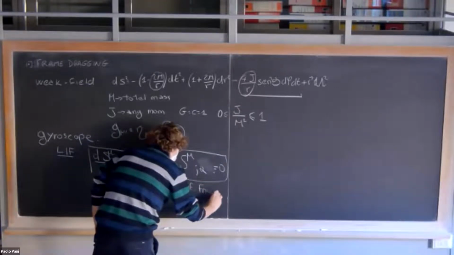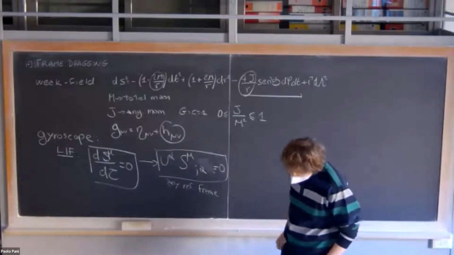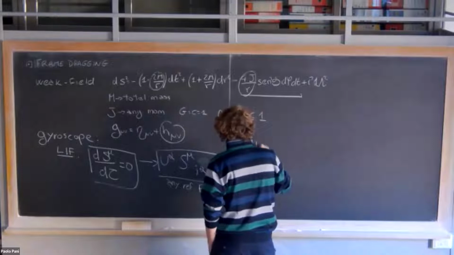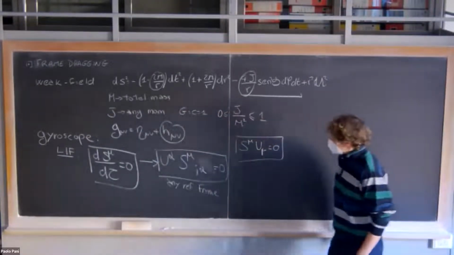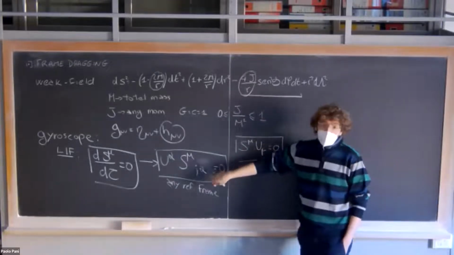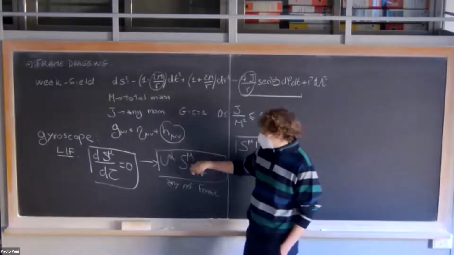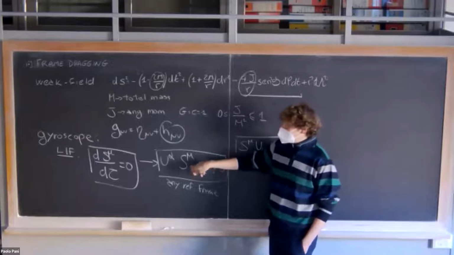Another relation, which is a scalar relation valid in any frame, is the fact that this spin vector is orthogonal to the particle four-velocity. Then one can solve these two equations, which give you the dynamics of the spin vector in a generic space-time.